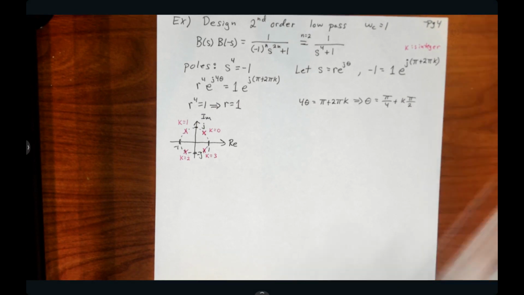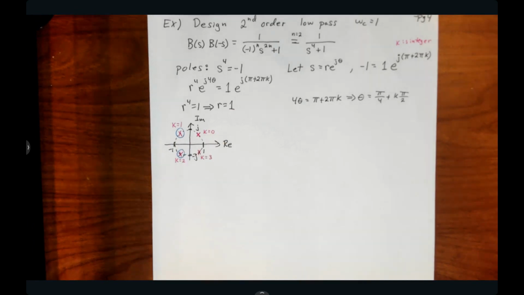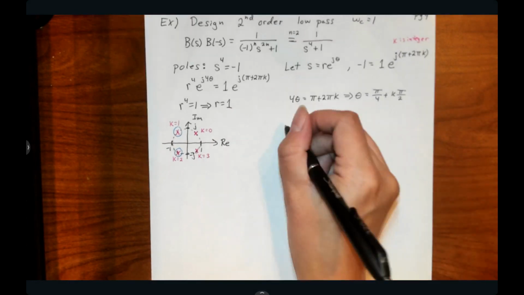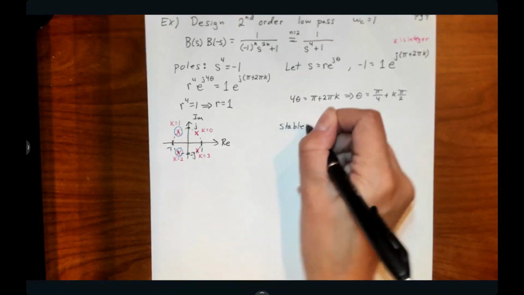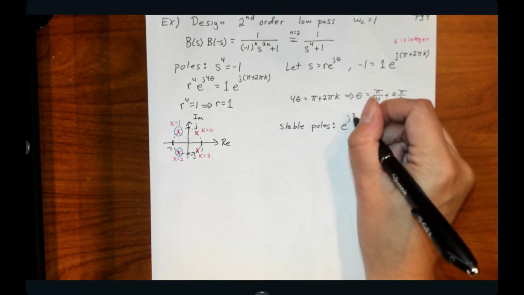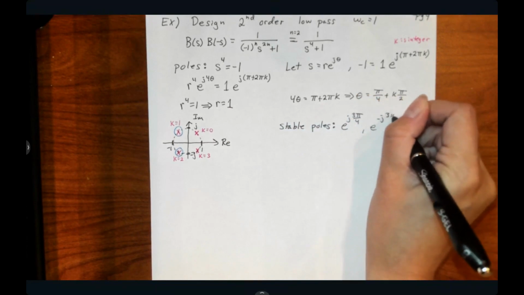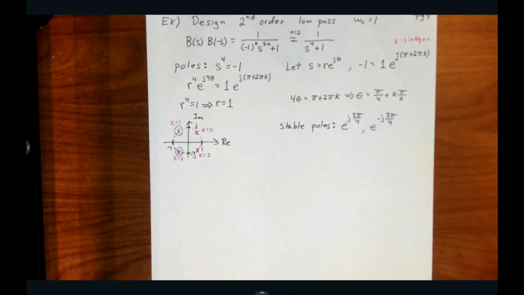Now to form our B of S, of those 4, we take the 2 which are stable. So these 2 over here are the poles that I'm going to pull to form my B of S. We have our stable poles: e to the j 3 pi over 4 and e to the minus j 3 pi over 4.